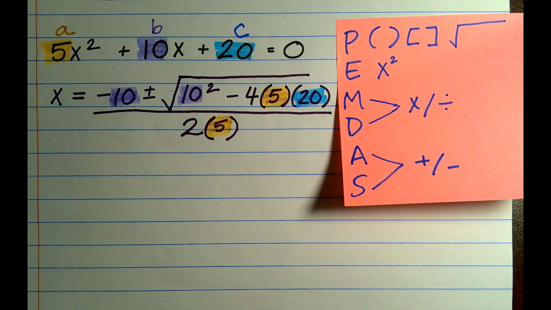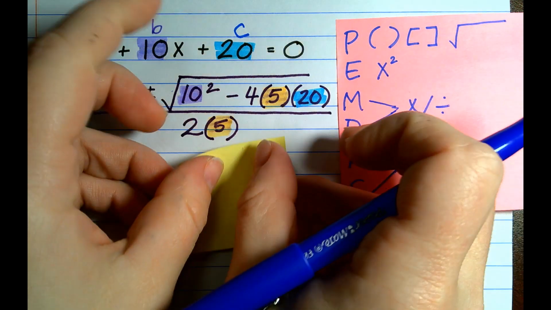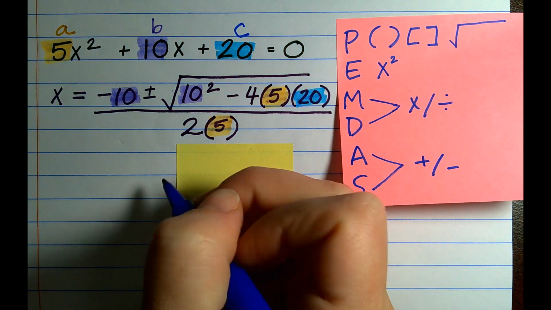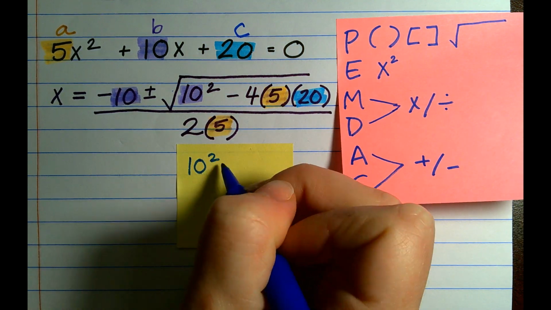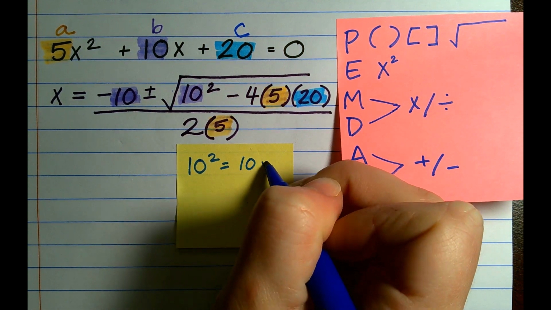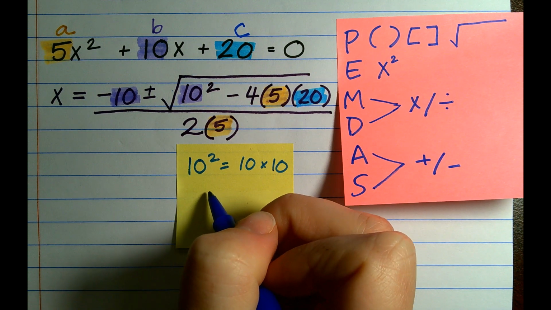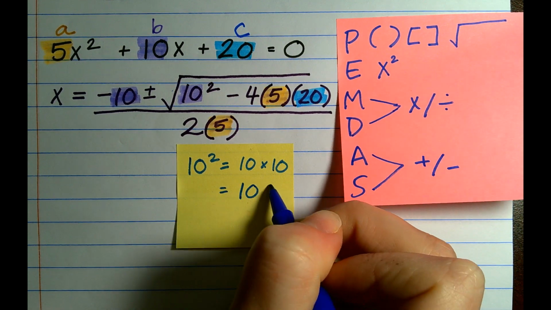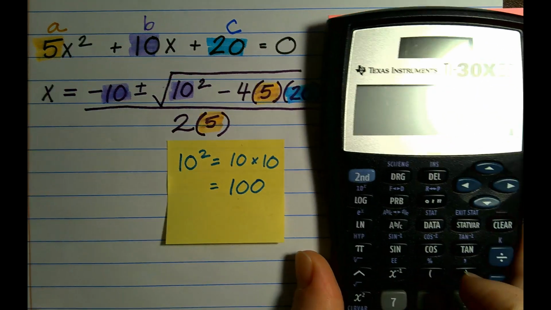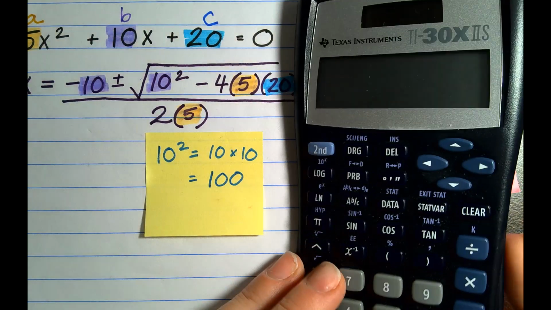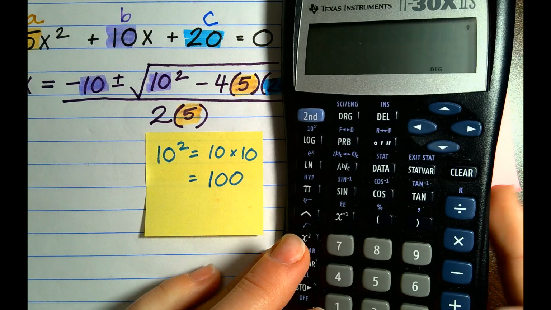Let's talk about what squared means for just a moment. When you square something, you're taking it times itself, meaning, yes, 10 squared means 10 times 10, which is 100. We can also type in our calculator if we wanted to.